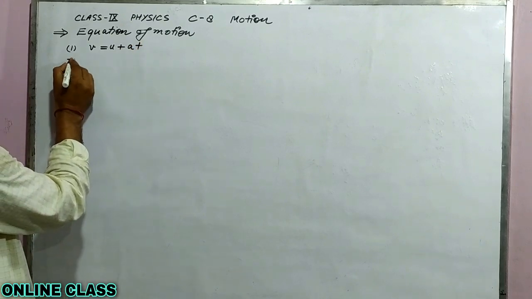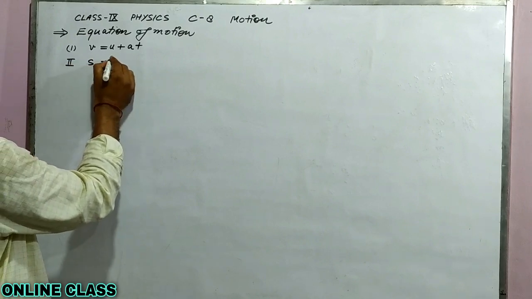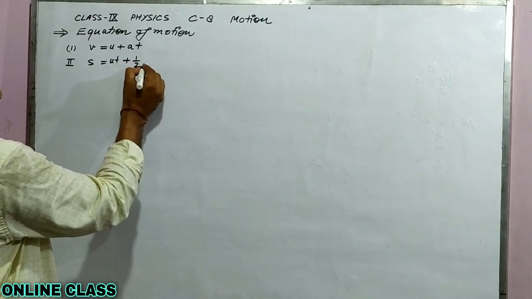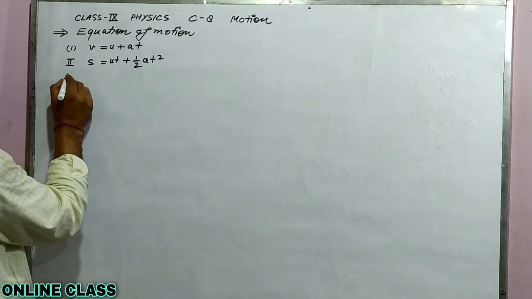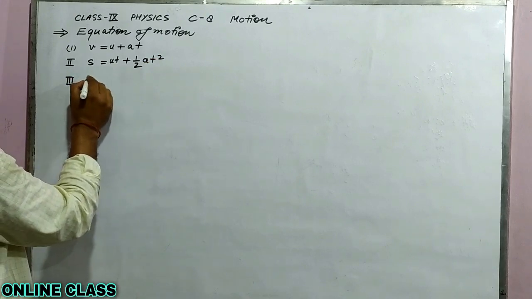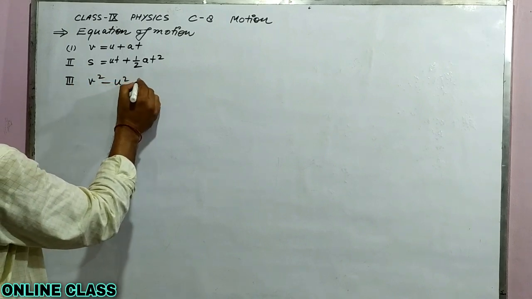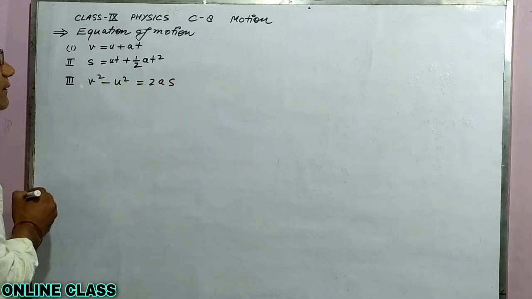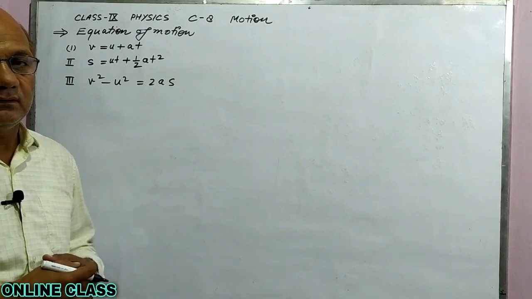Second equation of motion is s equal to ut plus half at square, and third equation of motion is v square minus u square equal to 2as. These are three equations of motion.